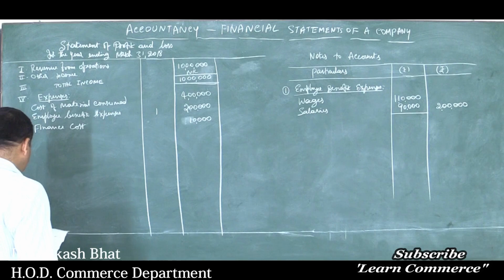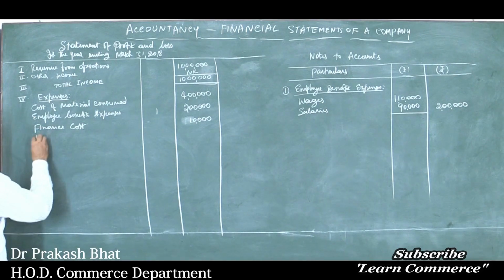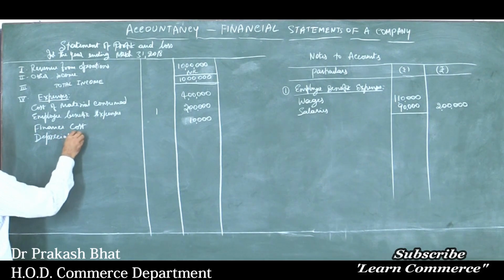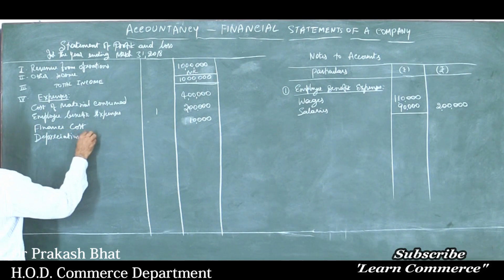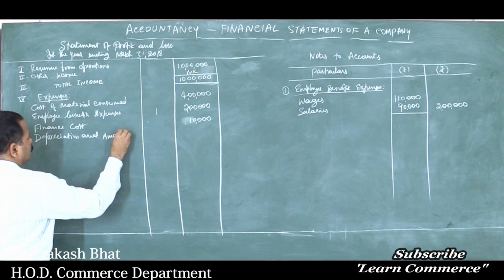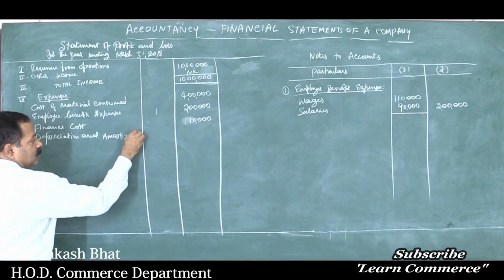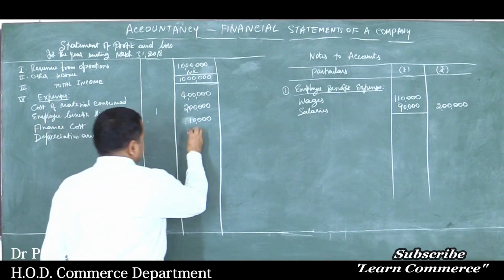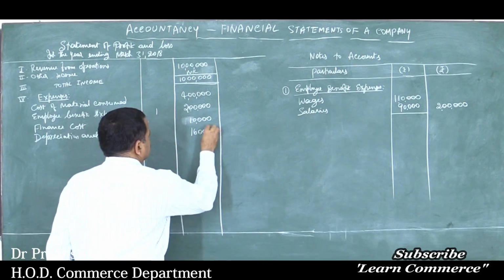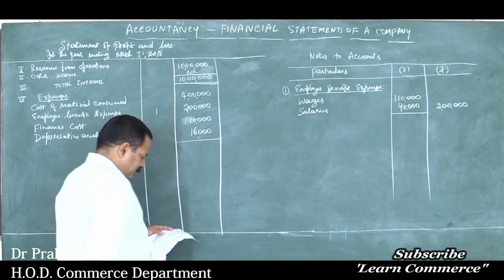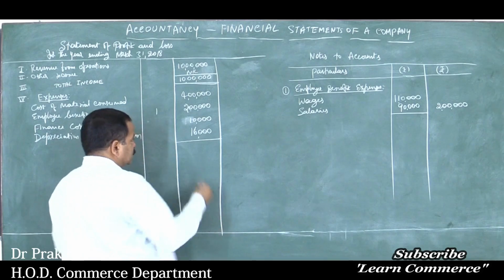Then depreciation and amortization, straight away given in the problem, 16,000. Total expenses will be how much? 6,26,000.